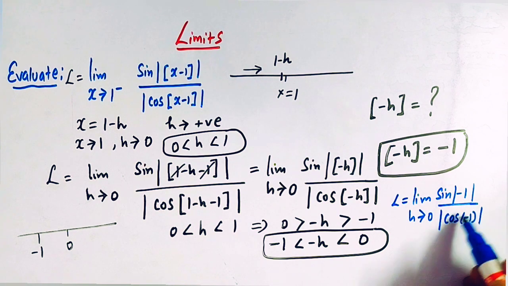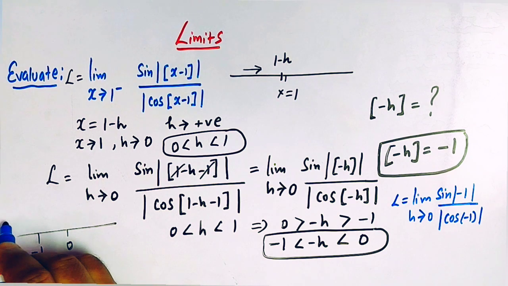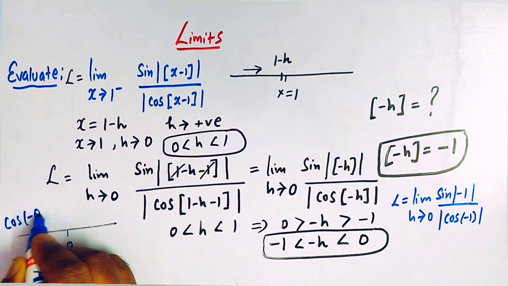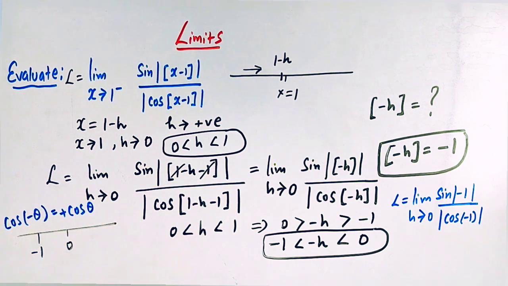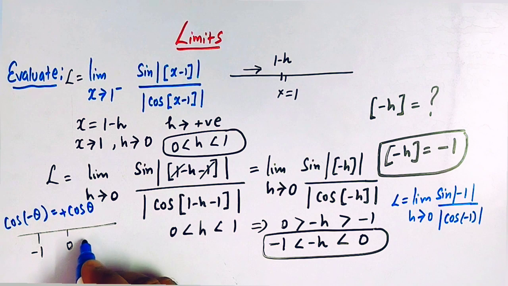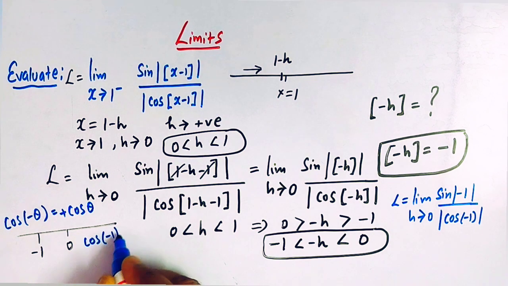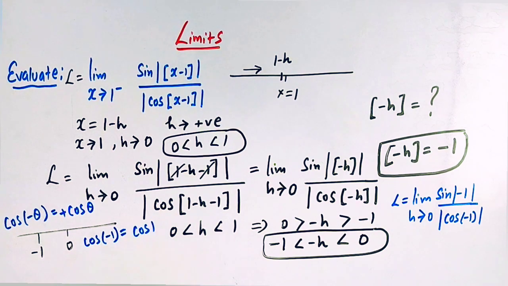Now we'll make use of an important result from trigonometry, that cos of minus theta is equal to cos theta. So cos of -1 is equal to cos of 1.